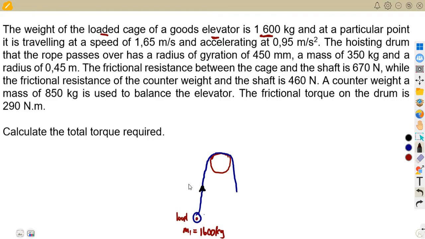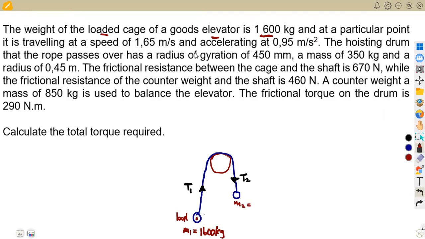So we are going to definitely have a tension or a force that is going to be experienced up due to acceleration across this drum, and here it is going to be going down, whereby we shall have a mass that is going to balance up this load that we are having. So here we shall need a mass that is going to balance up this load.